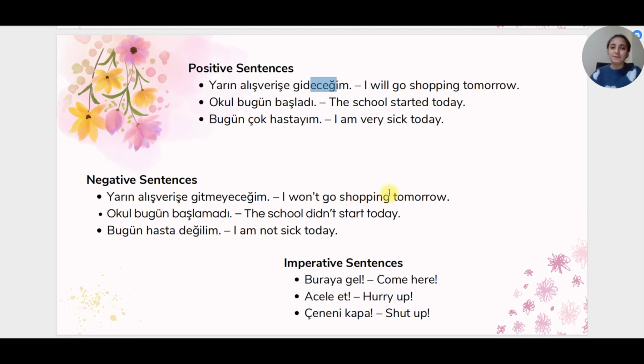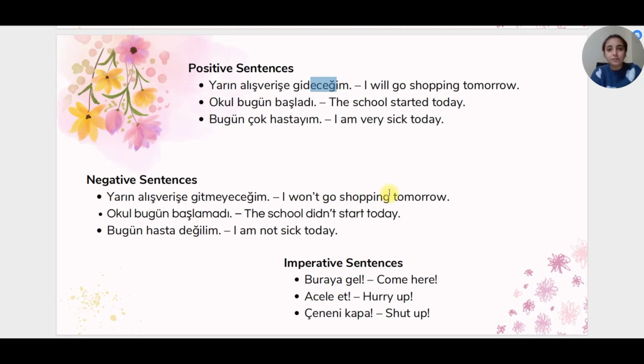And why don't we say ben in that sentence? Because at the end of the sentence you will see the im part. It is mainly I am. Because every single subject has their own personal suffixes in Turkish. When you say gideceğim, it is I will. If I want to say you will, I will say gideceksin. And the last part, the personal suffix part, will change.